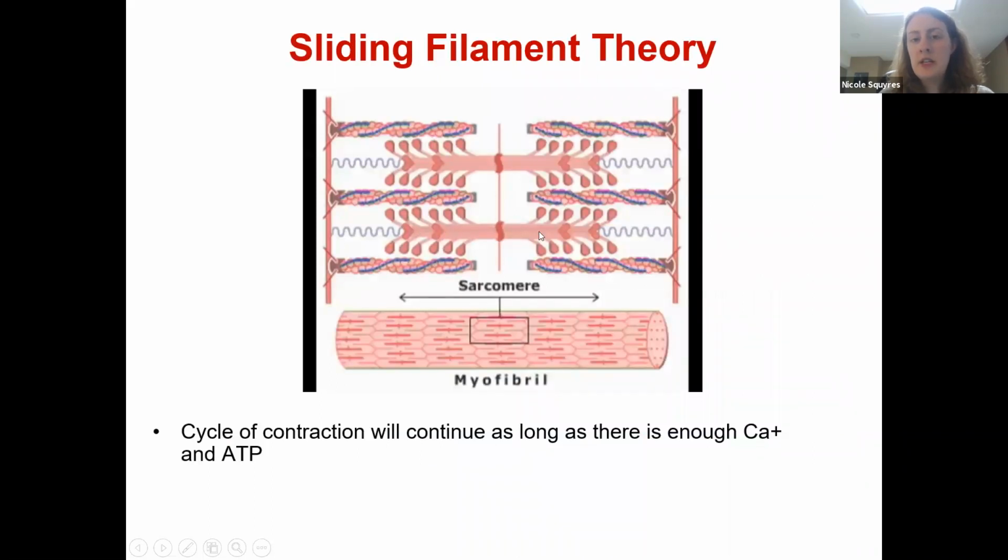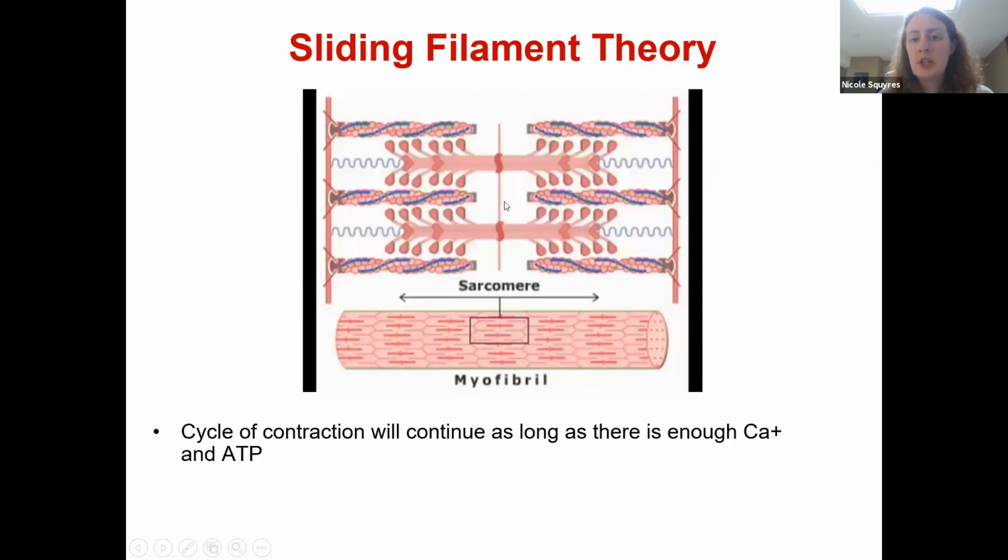And remember that each thick filament, so you can see a thick filament here, here are thin filaments in our sarcomere, right? Each thick filament is made up of hundreds of myosin molecules. So it has hundreds of these myosin heads on it.